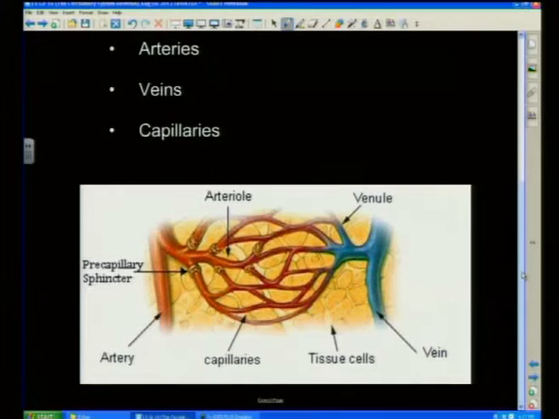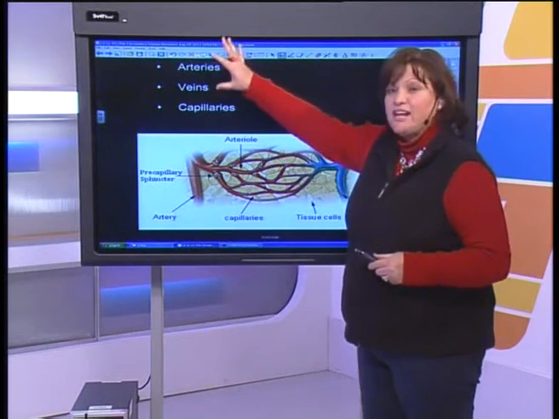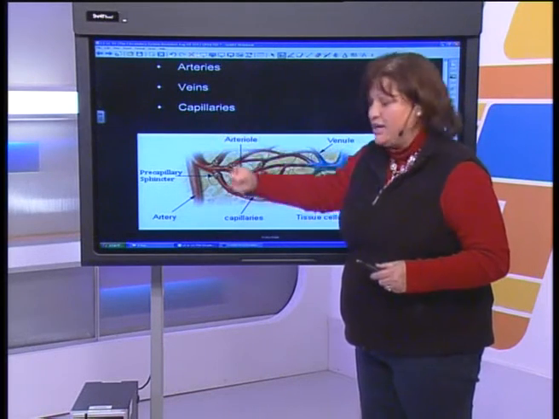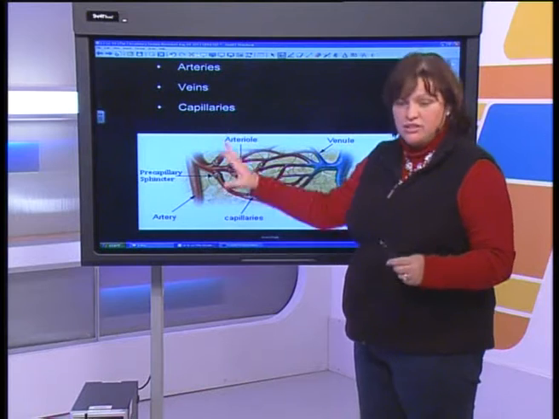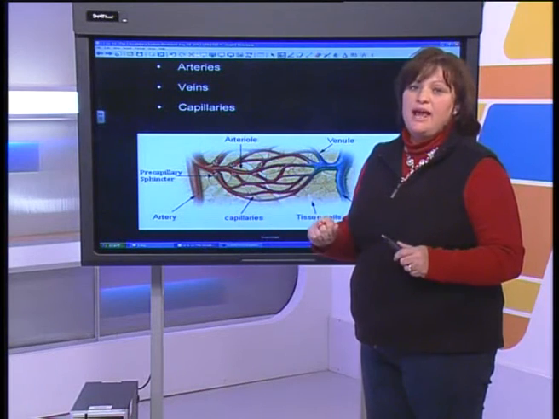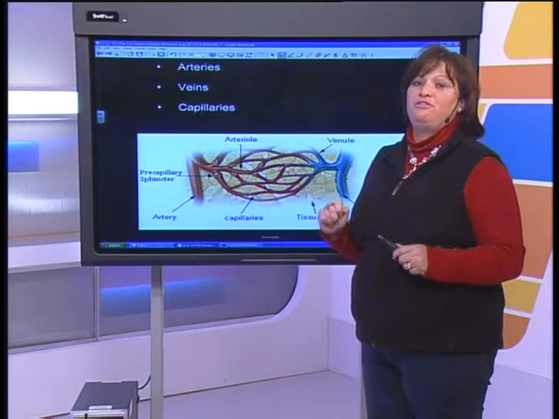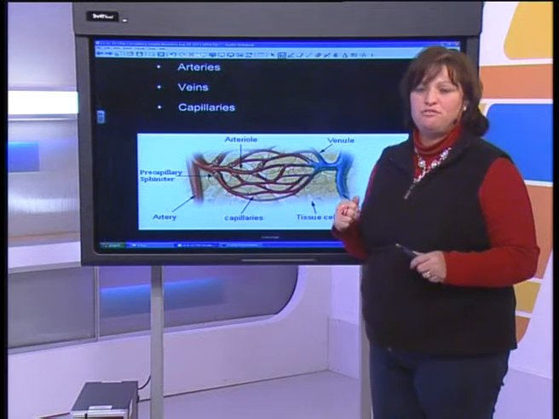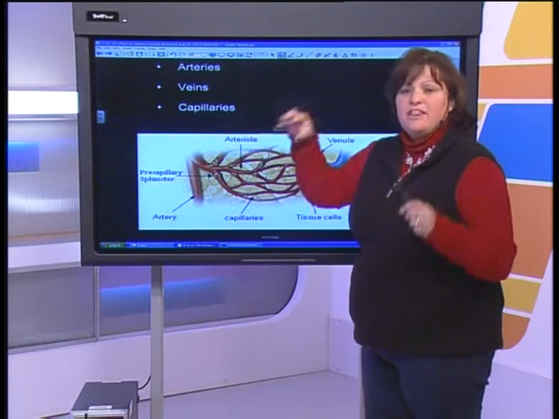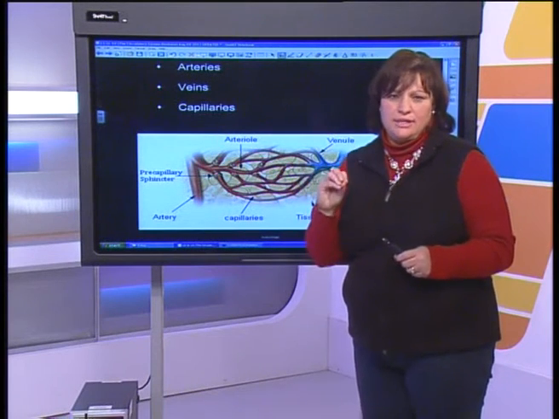If we look at an overview of the blood vessels, you need to know the terminology. We said that arteries come from the heart. That is what an artery is, not always carrying oxygenated blood. There are a few exceptions, the pulmonary artery, for example. And then it goes to the smallest cells.